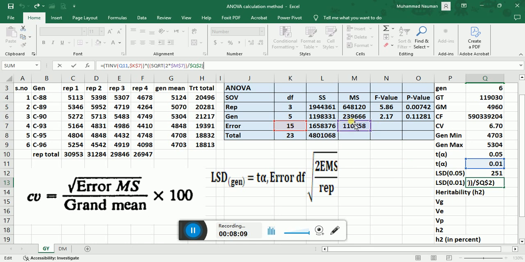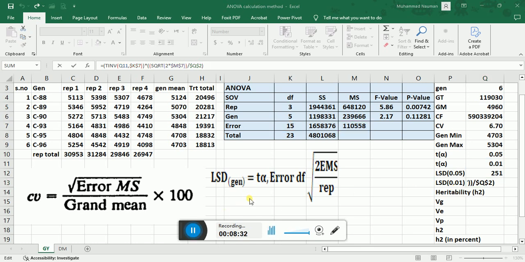As you know, we have placed the dollar sign on each and every cell except for this cell to fix the reference, and we do not need to enter the formula again for LSD at 1% probability level.